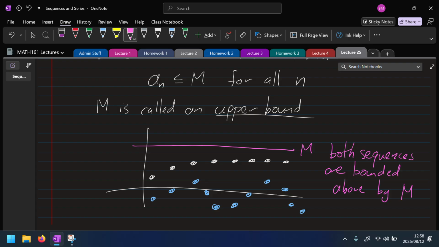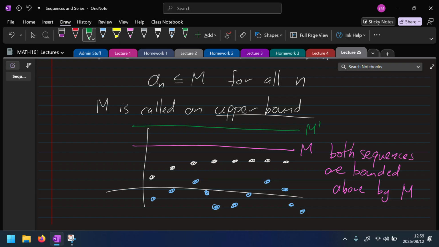Of course, this M is not unique. If we've got M being an upper bound, then we can have this green line above it, M prime, that is also an upper bound. So we've got M, it never goes above that. M prime, it never goes above that. Anything else afterwards, it still doesn't go above that. So the upper bounds are not unique.